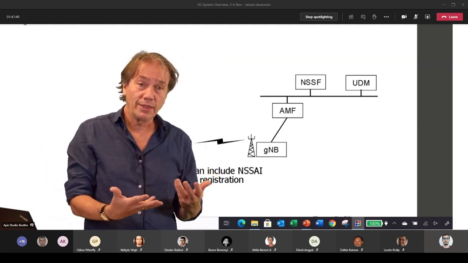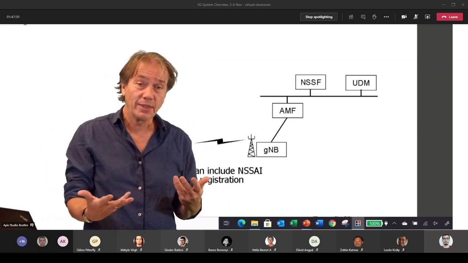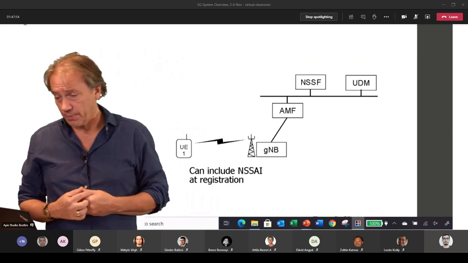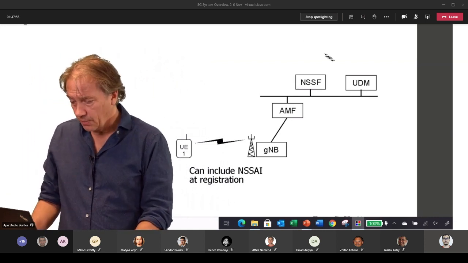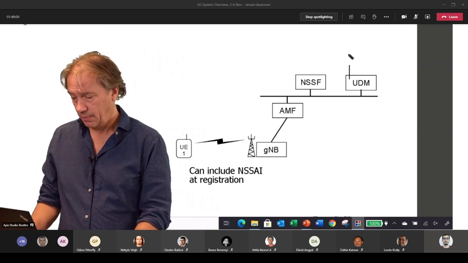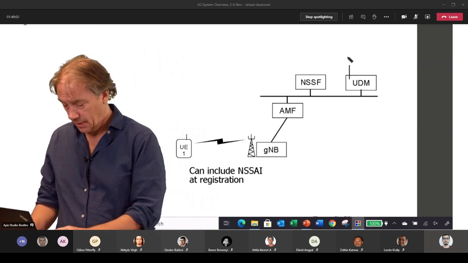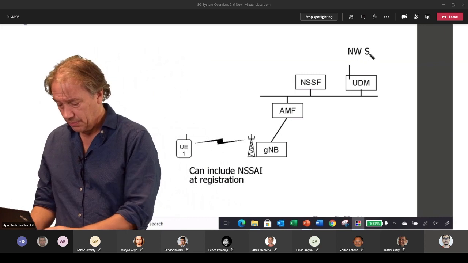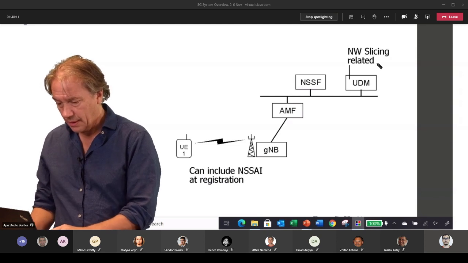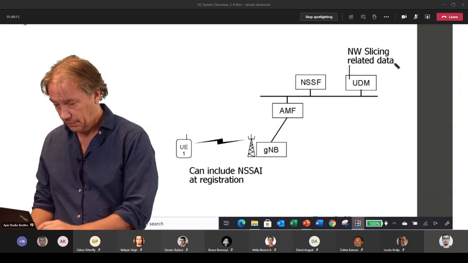What network slices or what type of network slices can a user equipment or can a subscriber use? We can just indicate up here that there is some network slicing related data.